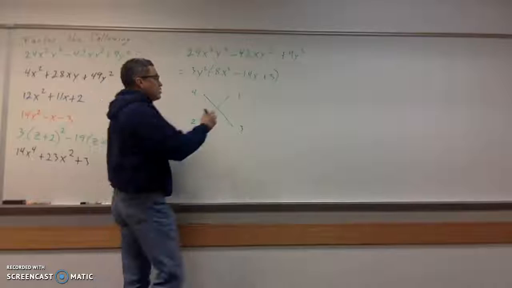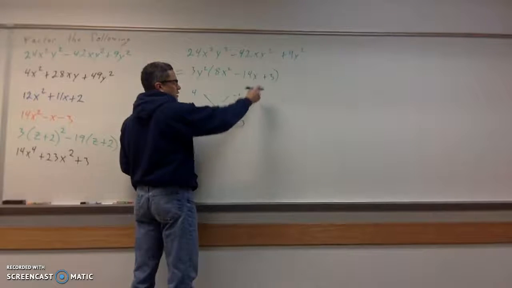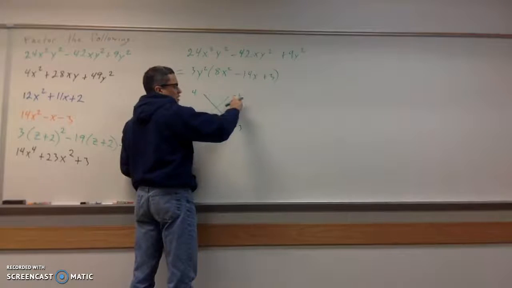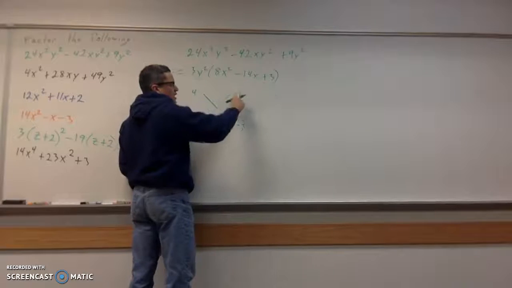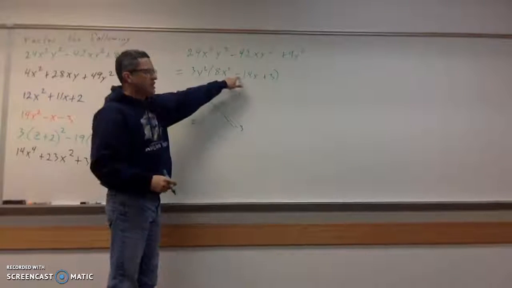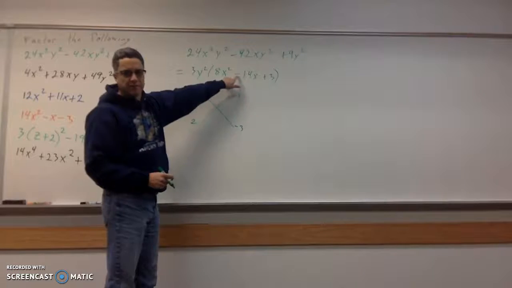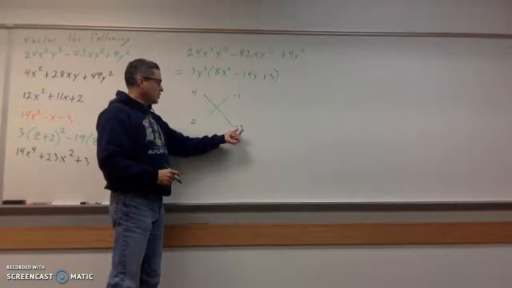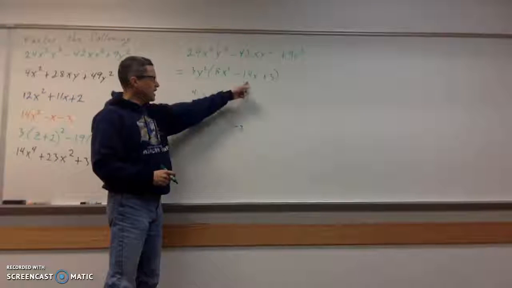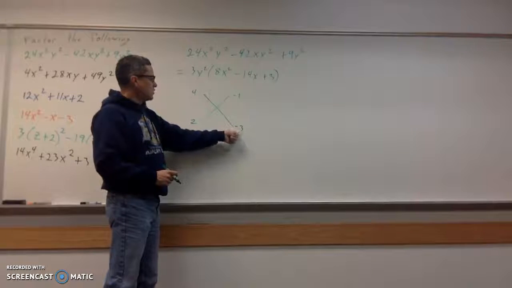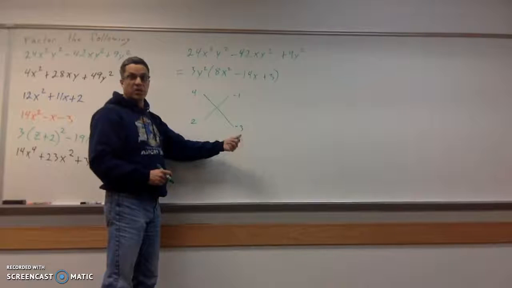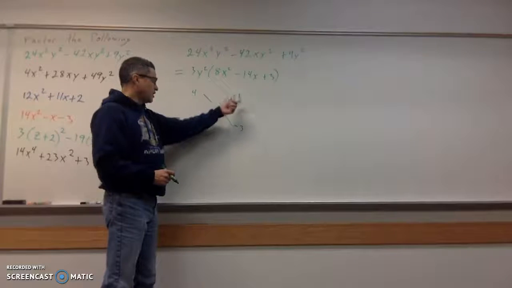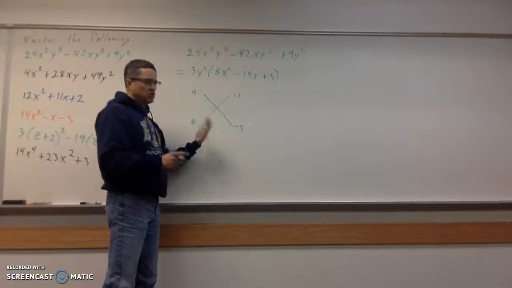Oh, by the way, these both can be negative. 3 is a positive, so negative 1 times a negative 3 is a positive 3. And I know they both need to be negative because they have a negative in front of the 14. The reason I put the 3 down here is because I saw that 14. I know that 3 times 4 is going to be 12, which is pretty close to 14. And by default, 1 times 2 is 2.